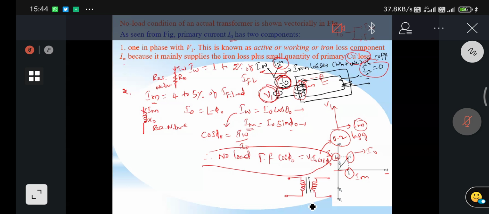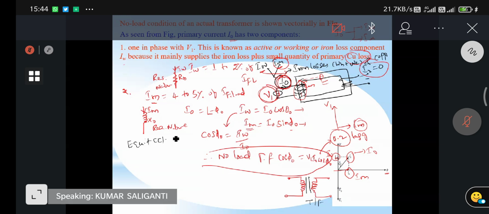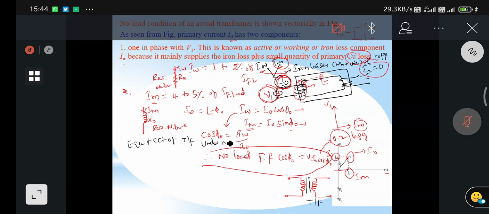So this is the circuit symbol of a transformer. From that I am going to draw the equivalent circuit of the transformer under no load condition.